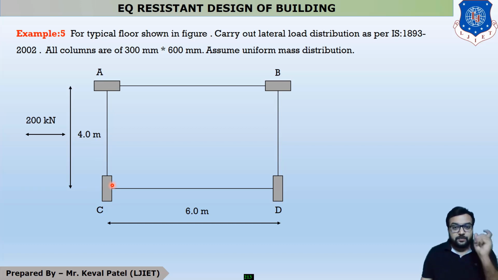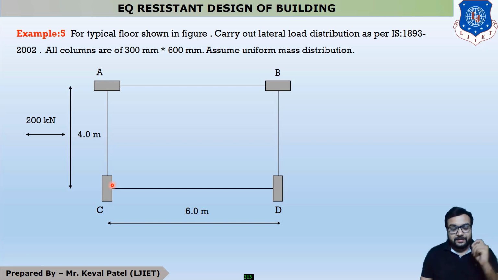So for column A, the load travels 600 mm, and for column C, it travels 300 mm. So which column takes more load? The simple answer is column A, because the load distribution is more for column A.